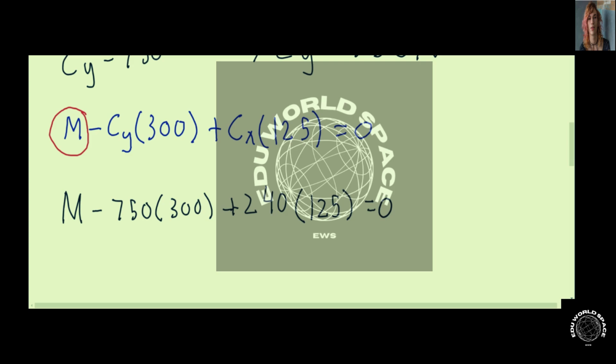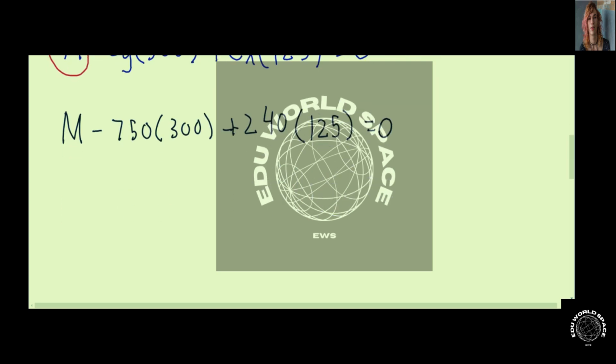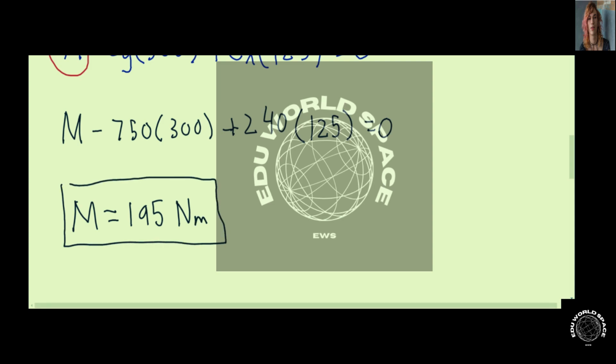And solving for the M term, we get a moment M that is equal to 195 newton meters. And this is the required moment to keep the system in equilibrium.